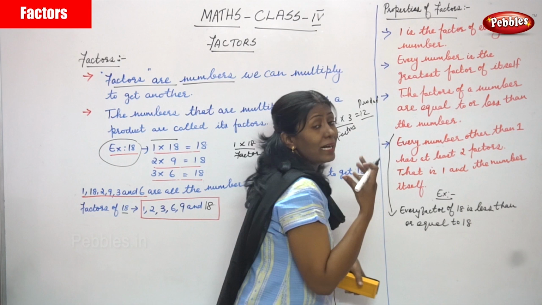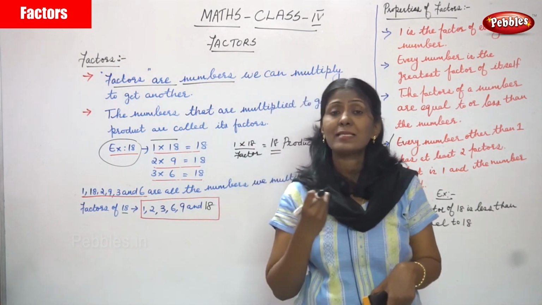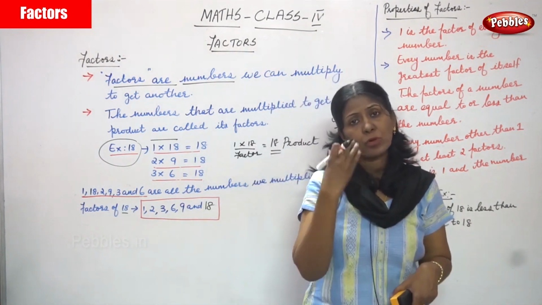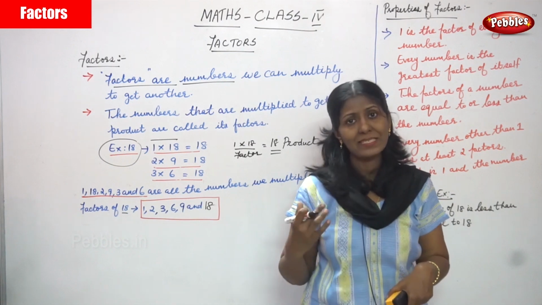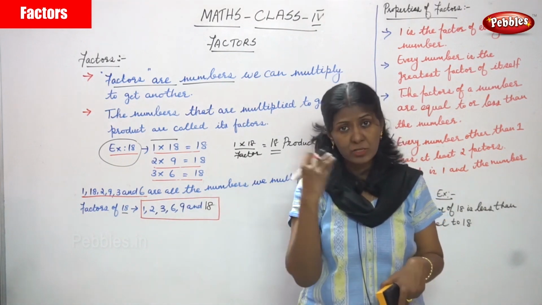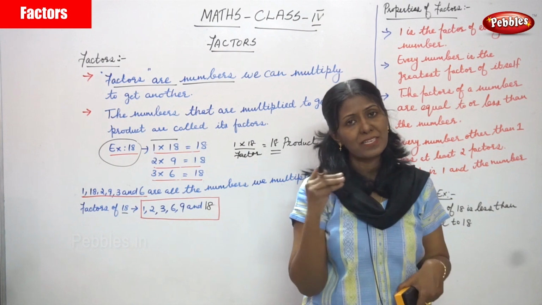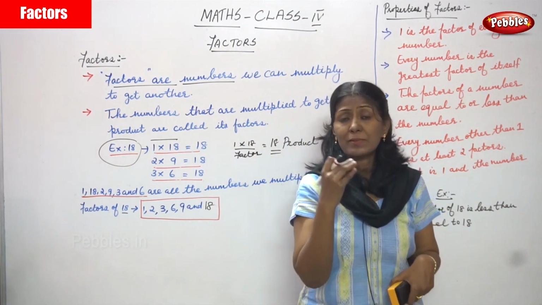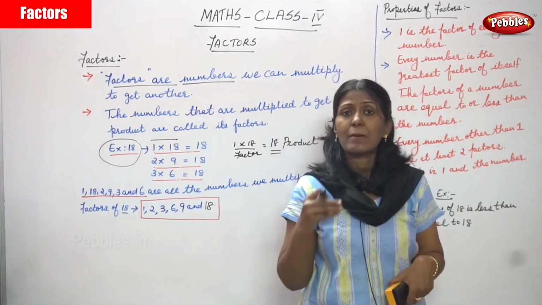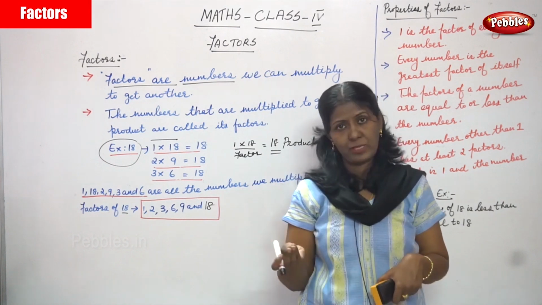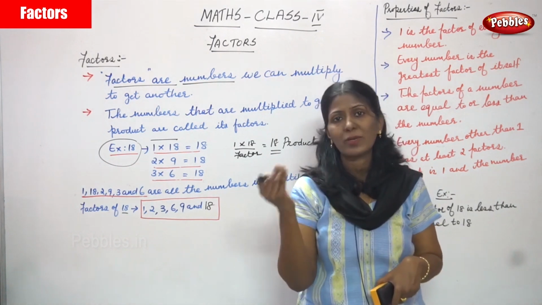For example, what are the factors of 15? You have to consider the multiplication tables. 1 into 15 you can get 15, then 3 into 5 you can get 15.